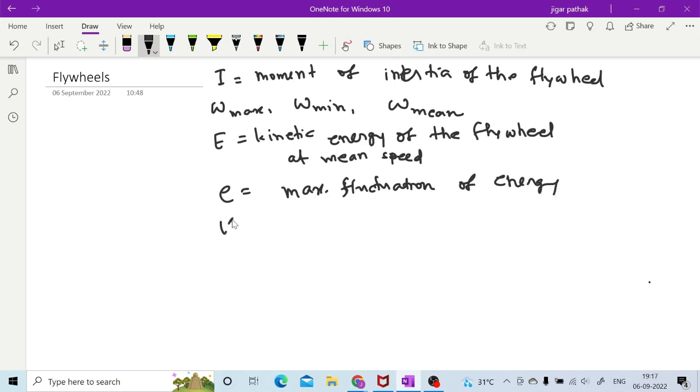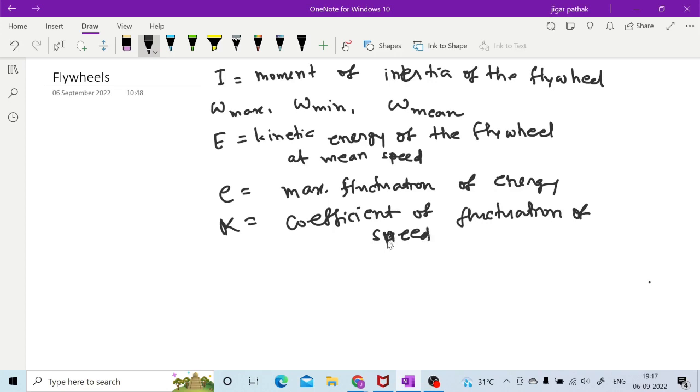K is coefficient of fluctuation of speed, right? Now, as we have already seen, this is nothing but omega max minus omega minimum divided by omega mean, right?